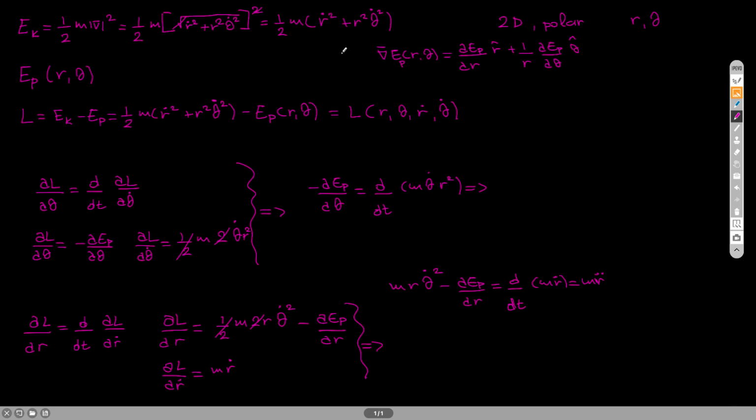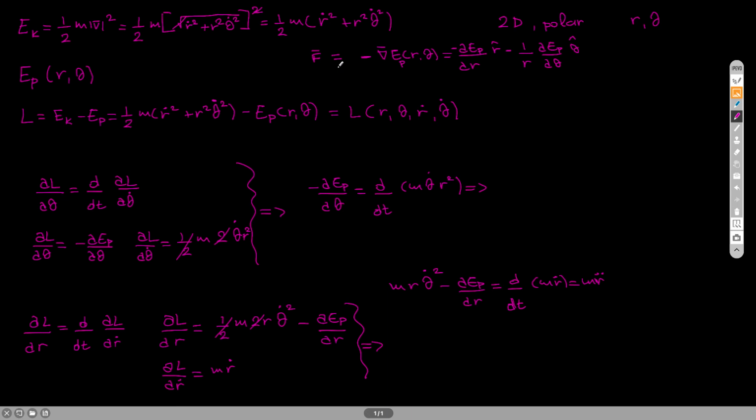Now, I also want to remind you that the force and the gradient of the potential energy are related to each other. So the force is equal, in fact, to minus the gradient. So I'm going to include a minus sign here and here.